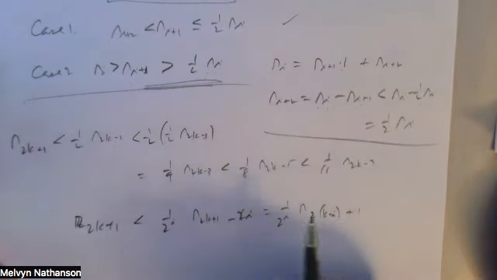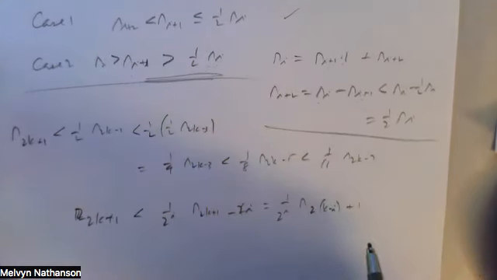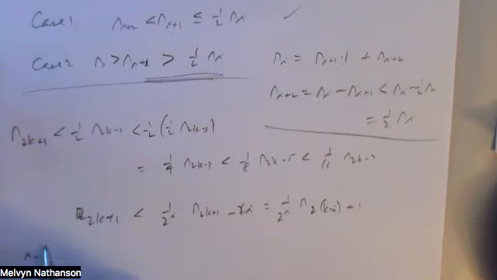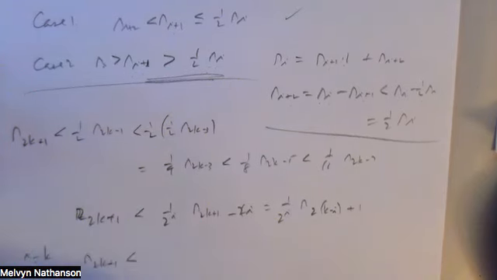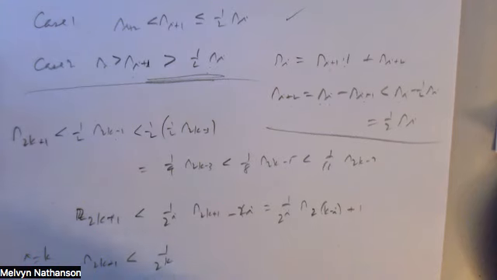So in particular, if I let i equal k, R_{2k+1} is less than 1 over 2 to the k, R_1, which is B.